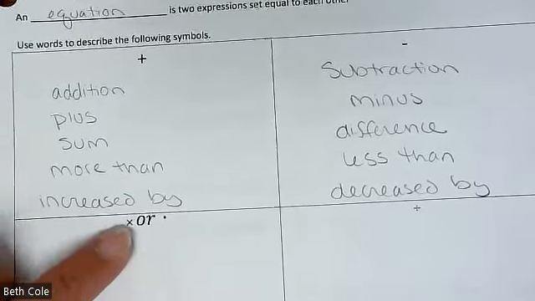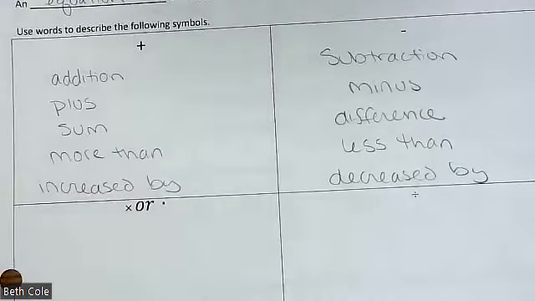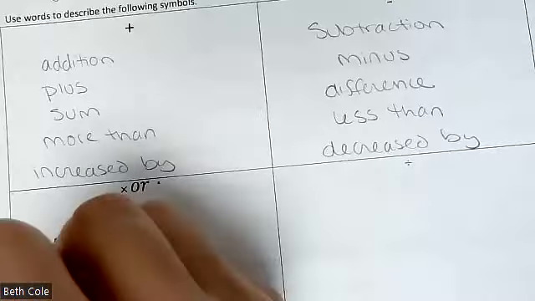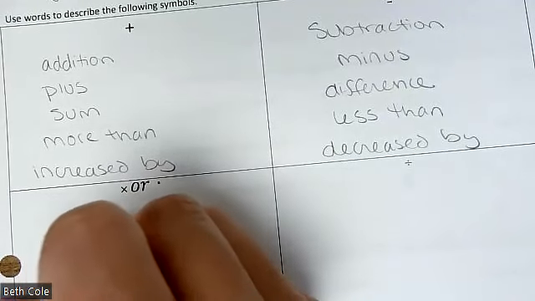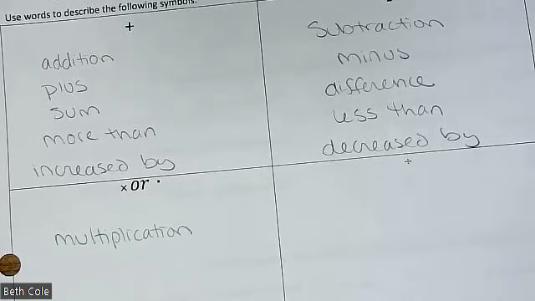So the next one, you can either have the little X or just a dot, or honestly nothing at all. You know how if you put two numbers next to each other with parentheses, it means that you're multiplying. So this is multiplication. Do you know any other words that you would use for that? Like how you would say it?